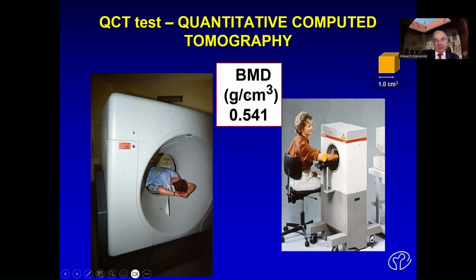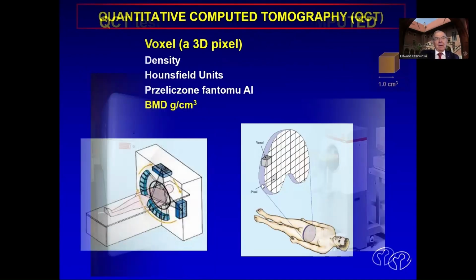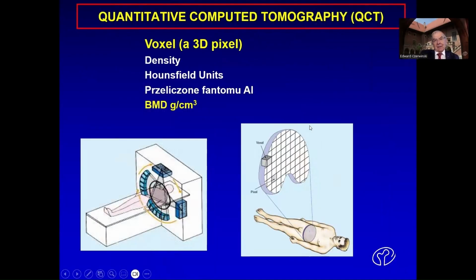We can measure our body, our skeleton, obtaining grams per cubic centimeter using quantitative computed tomography, because in a DEXA scan we get just a flat surface of measurement. You can have only area, but here we have not a pixel but a voxel. A voxel has 3 dimensions and even has a density, in so-called Hounsfield units.